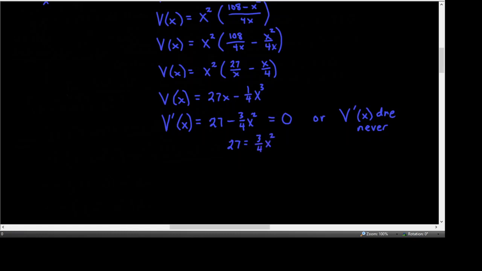and in fact go so far as to multiply both sides by 4/3 to get rid of the 3/4. And then take the square root of both sides, getting plus or minus 6.